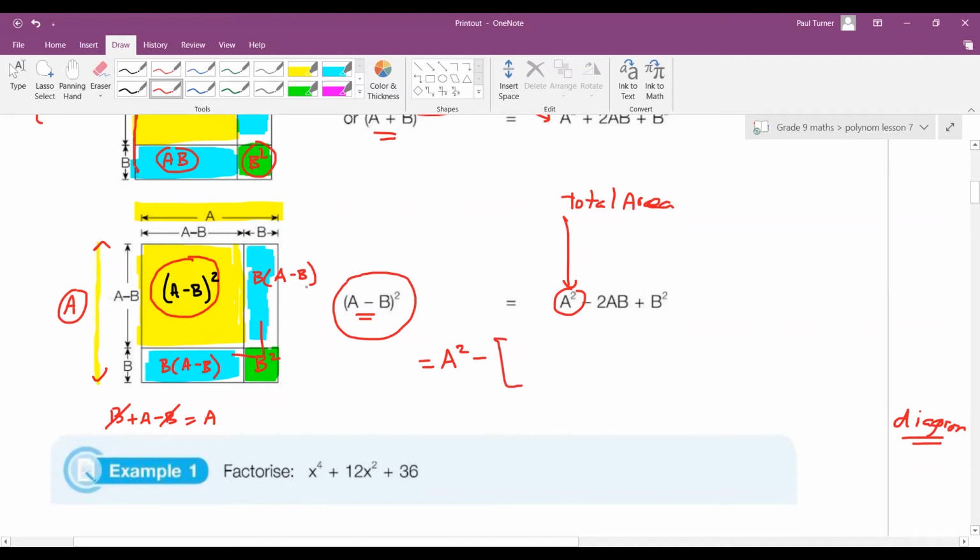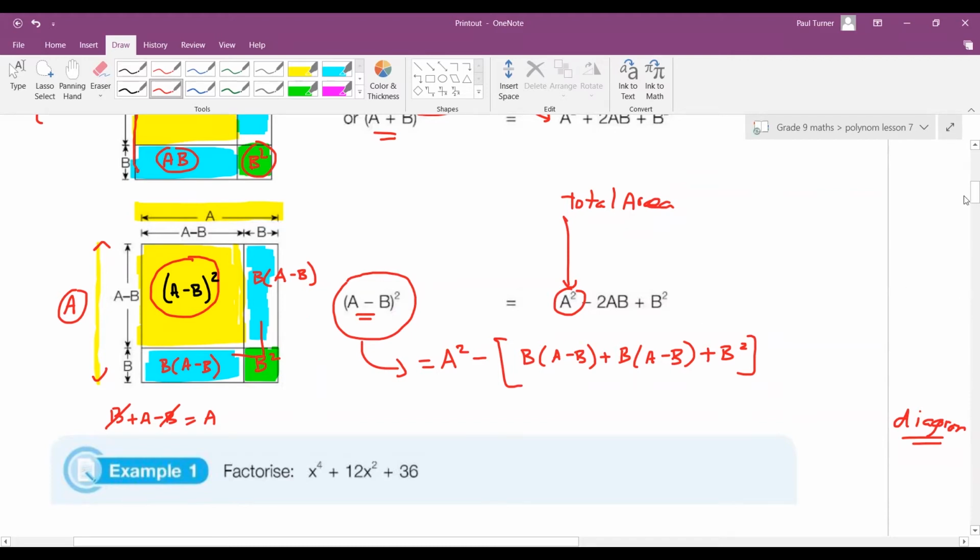So we've got b(a - b), and add this one, b(a - b), plus the green one, b squared. So that would be equal to (a - b) all squared. So the big square, a squared, minus these parts. So these are cut away, and we're only left with the yellow part, which is (a - b) all squared.